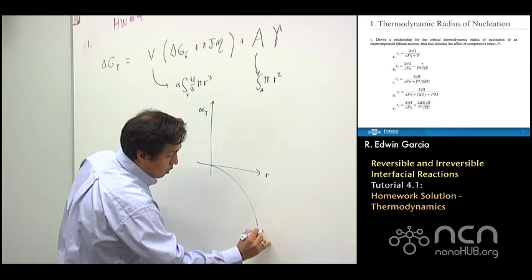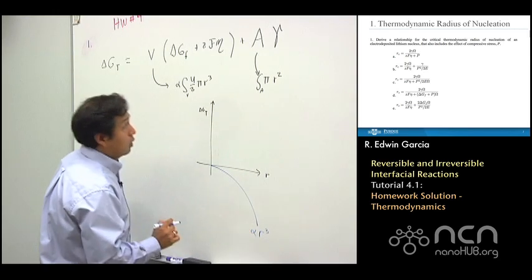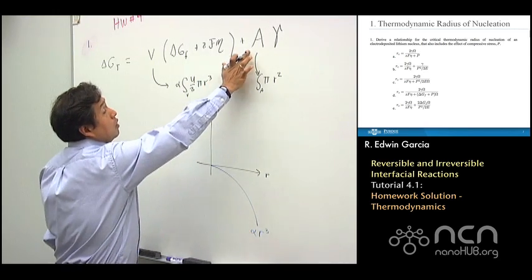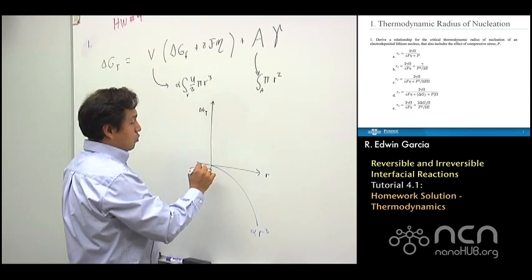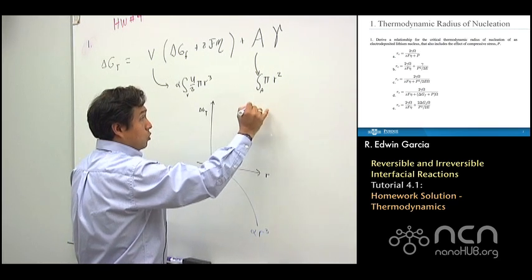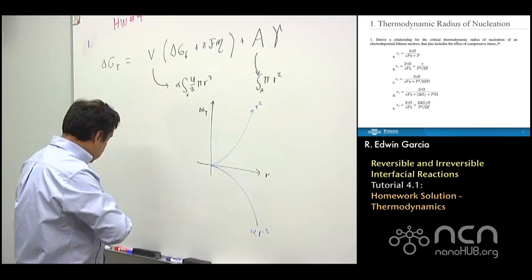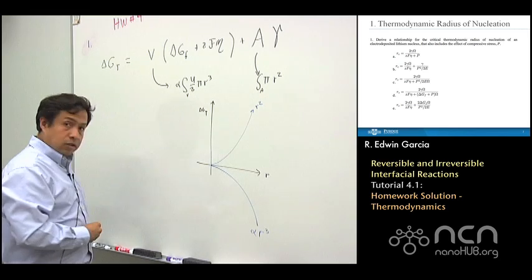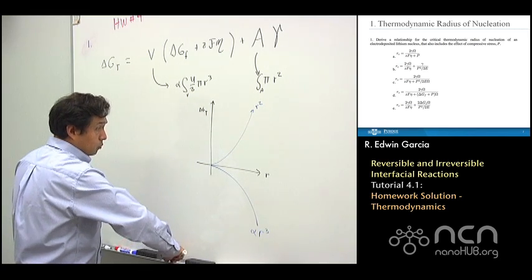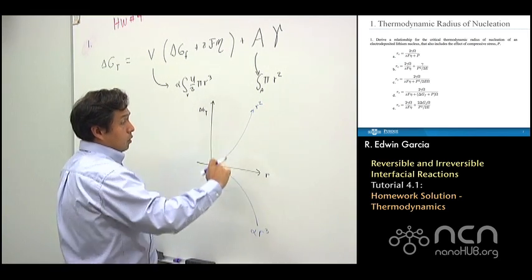This goes basically as r cubed, while the area contribution will go proportional to r squared, so that the total contribution of the system will be the sum of both.